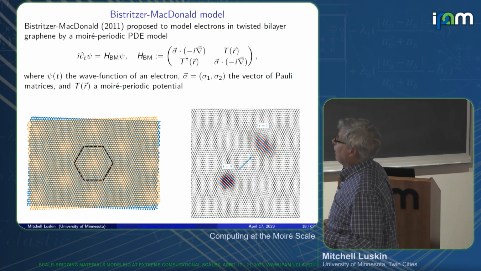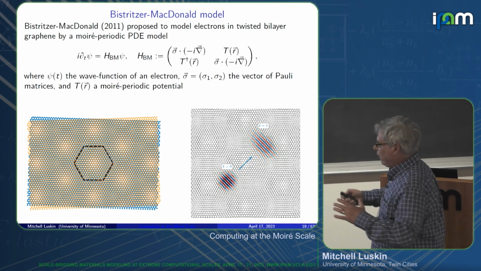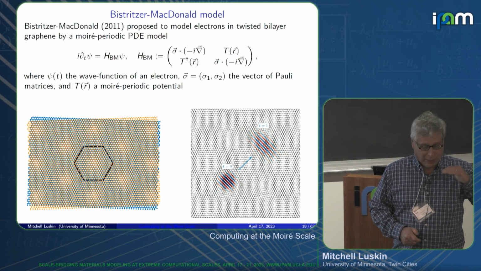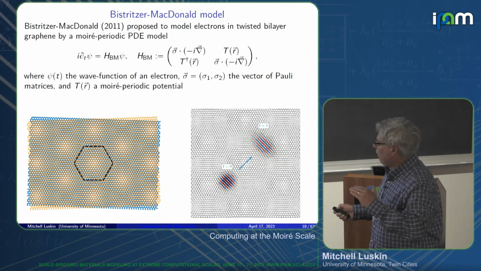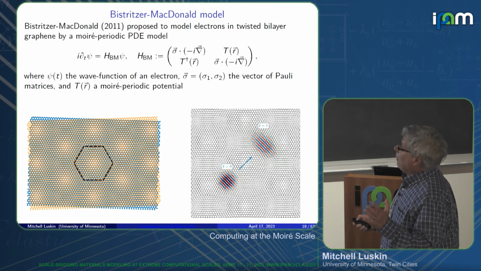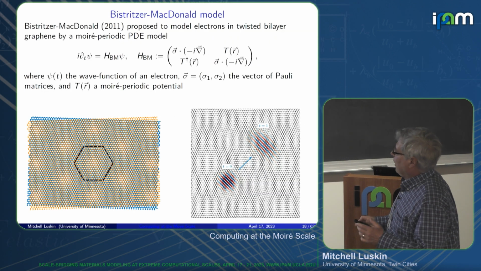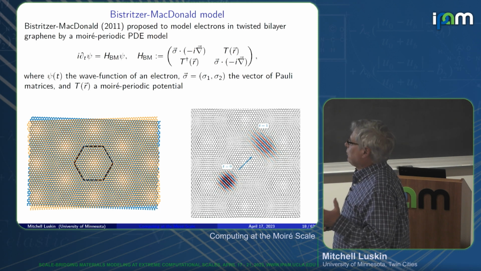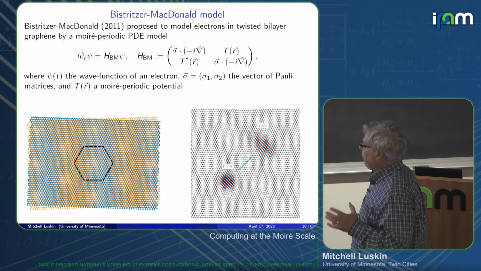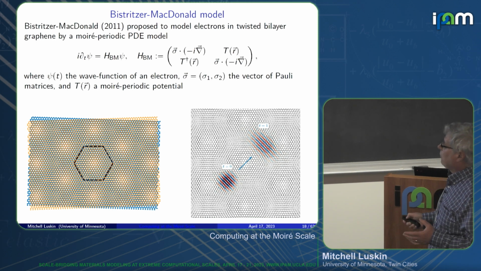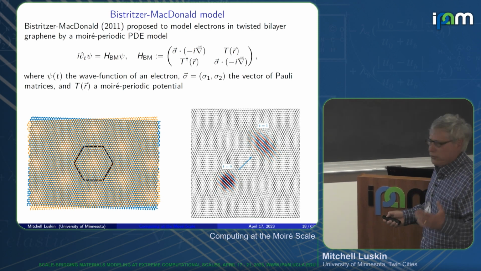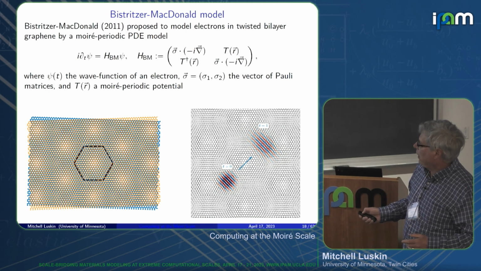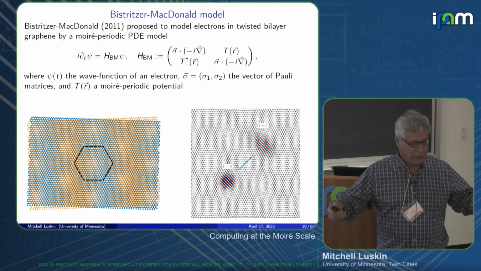Allan had this understanding, and he knew to go right for this low energy continuum model. His model is basically this. It's really just a Schrodinger equation, a continuum model. These terms up here are simply the Dirac terms for each layer, and then T is your Moiré periodic potential.